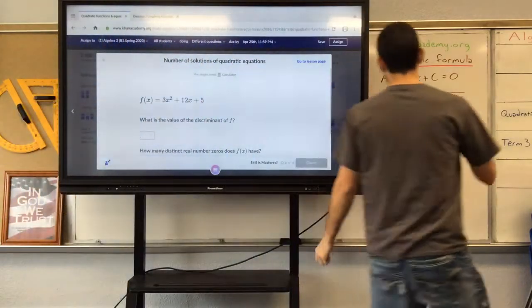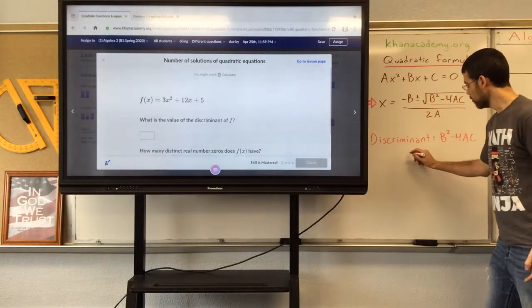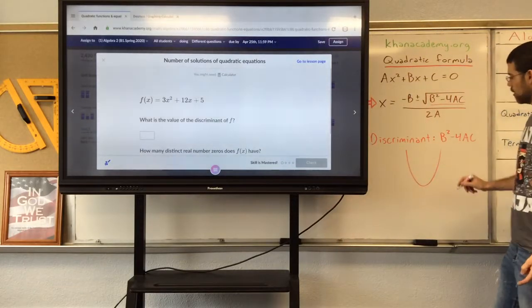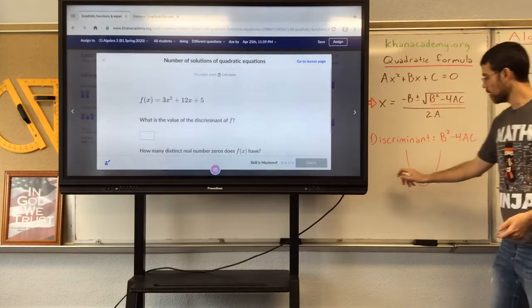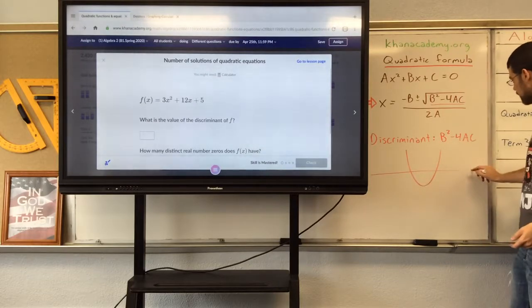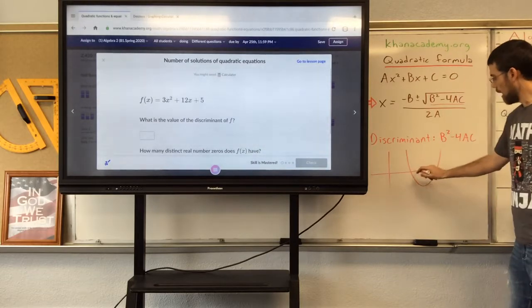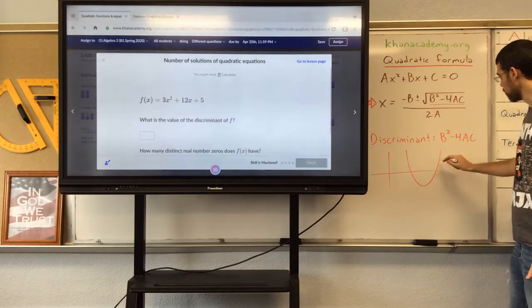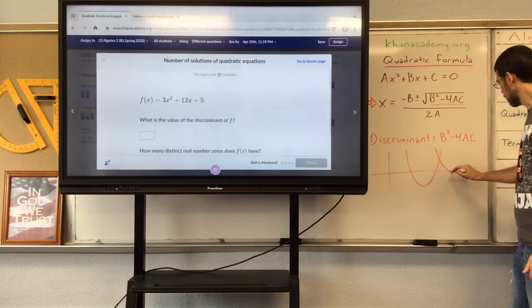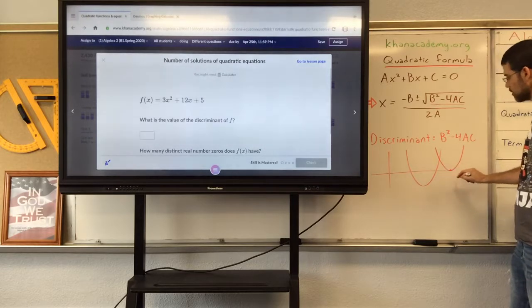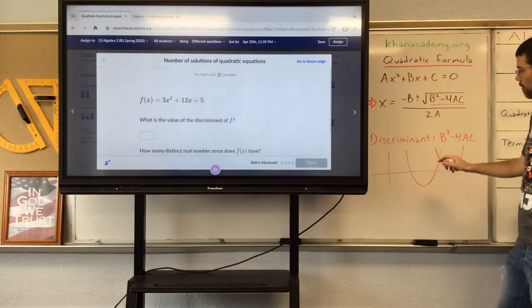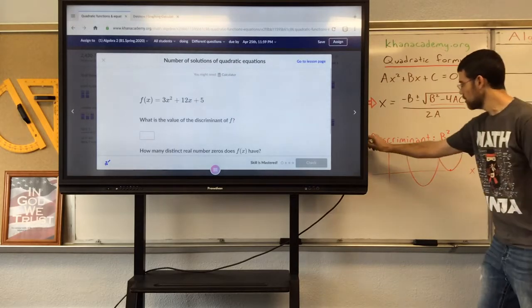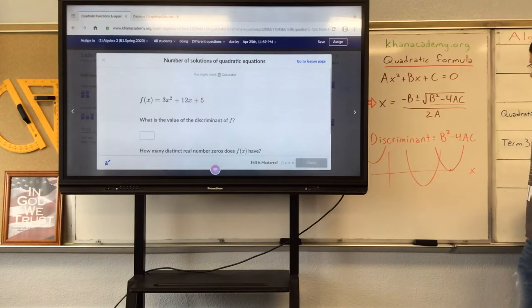Okay, so think about a parabola. You could have a parabola that crosses the x-axis at 2 spots, or maybe you have a parabola that just touches it once at the vertex, or maybe you have a parabola that doesn't touch the x-axis at all.